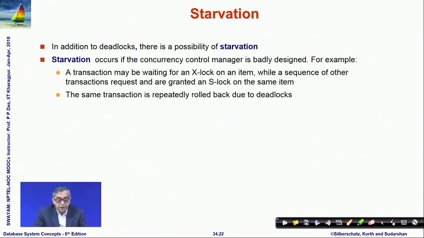Starvation usually occurs when the concurrency control manager is not an efficient one. What did we see in terms of automatic locks in read and write operations? You may have to wait because someone else is holding an exclusive lock on the item.